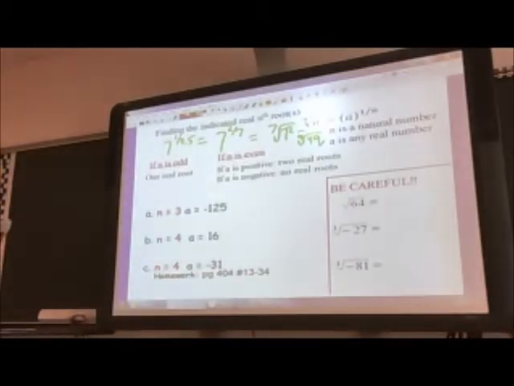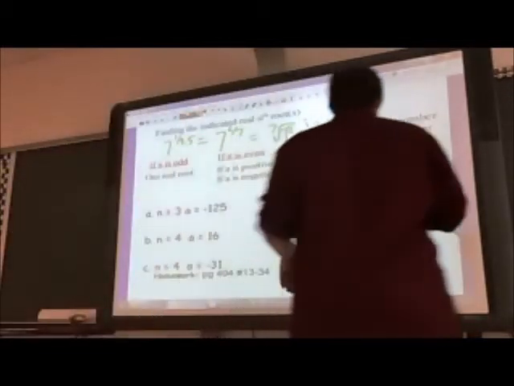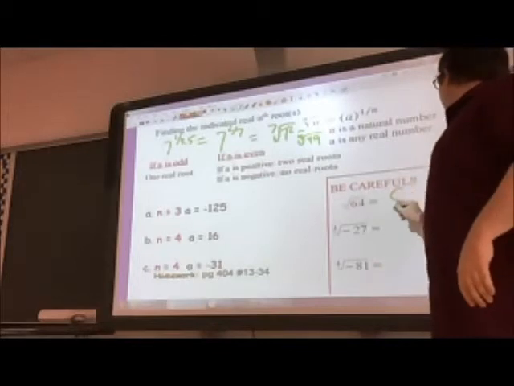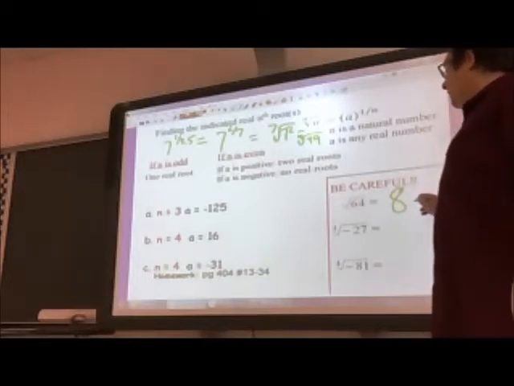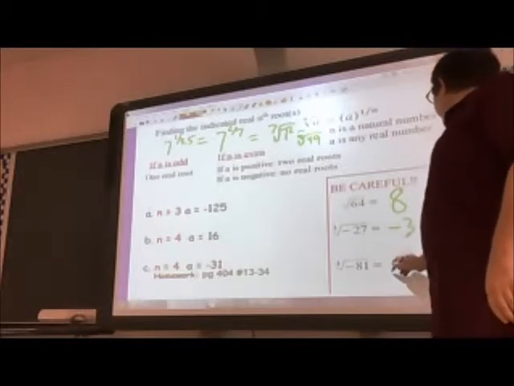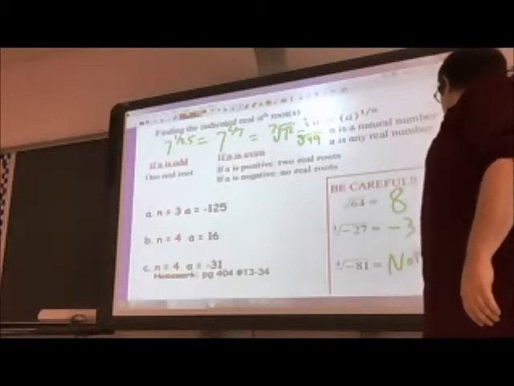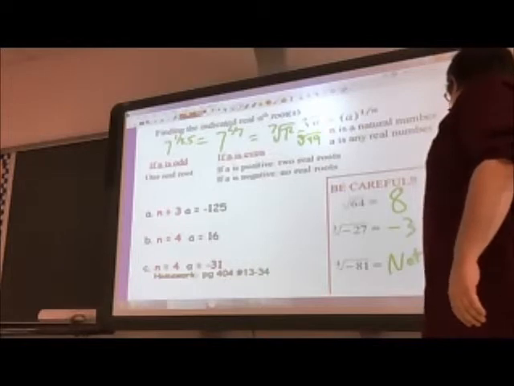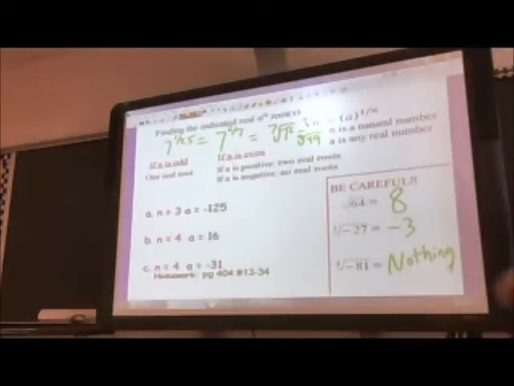So this is exactly the situation that we're talking about here. If we're being careful, this is 8. This is not 8, negative 8. This is going to be negative 3 over here. And this is going to be nothing. This has no real roots, like we saw before.